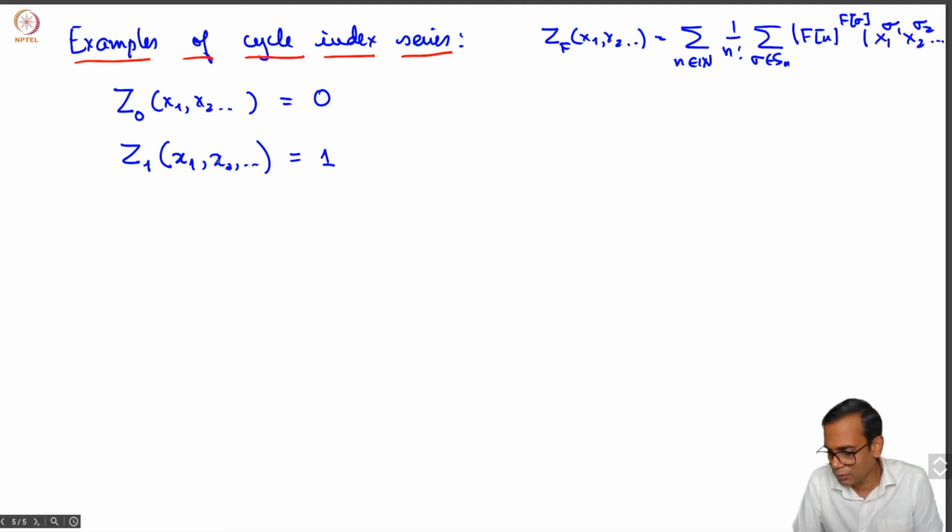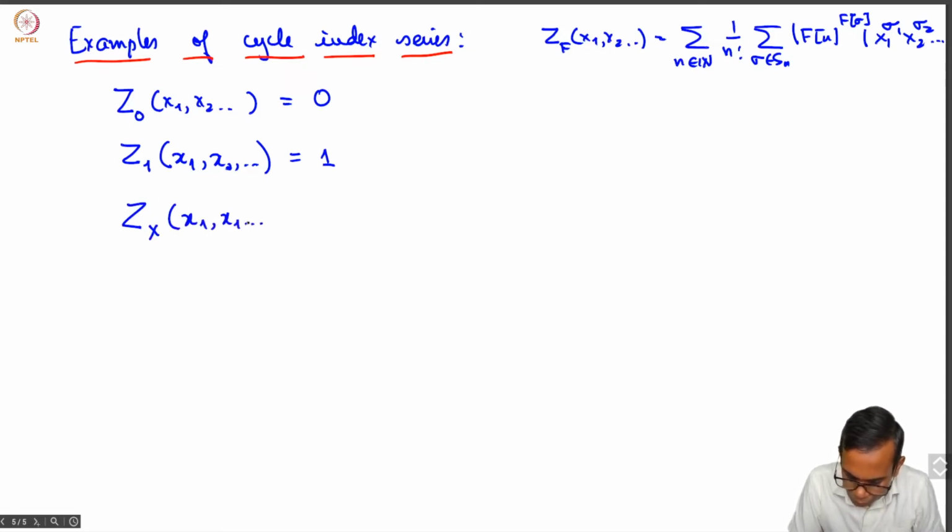In this case, there's only one non-trivial term, for n equals 0, and that term is 1. What about X? In this case, there's only one non-trivial term, for n equals 1. The only permutation of S_1 is the identity permutation, which has one cycle of length 1, and so we get just x1.